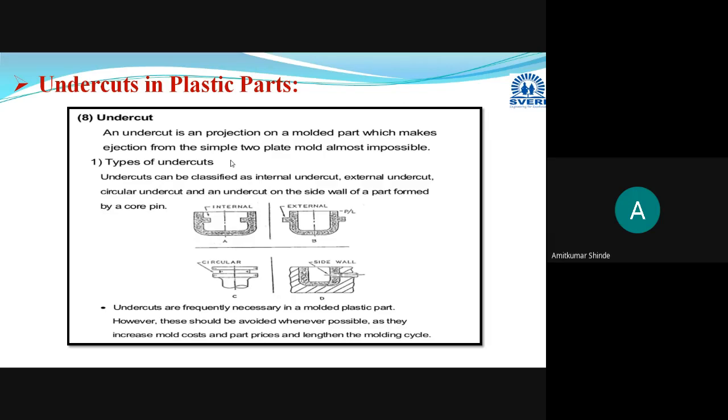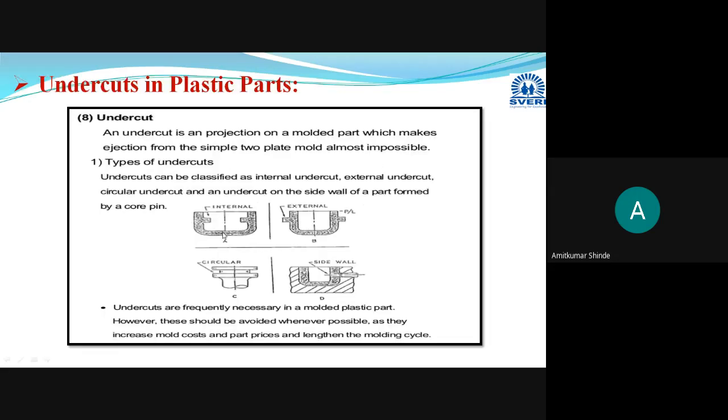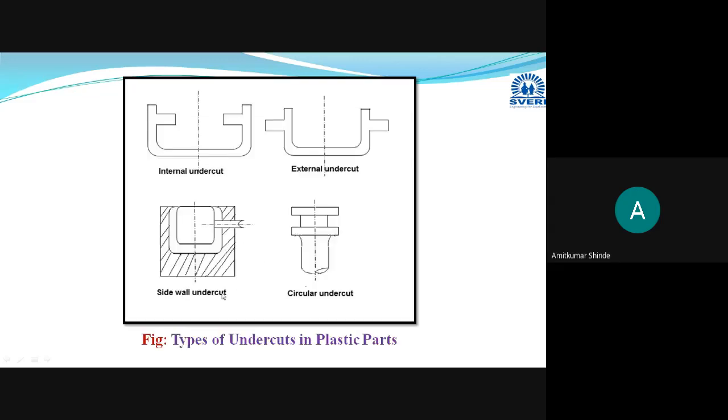These are the different types of undercuts. The same diagrams are there, but I think they are not clearly visible here, which is why I have added this separate slide. In the first diagram, you can see this cursor: this is the molded part and these are internal undercuts.